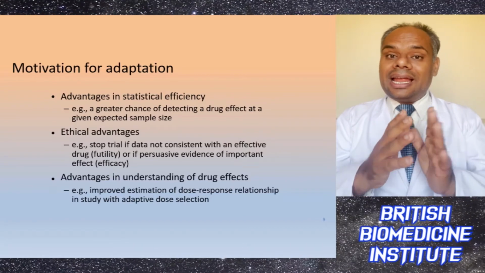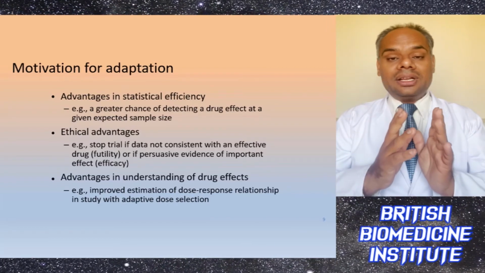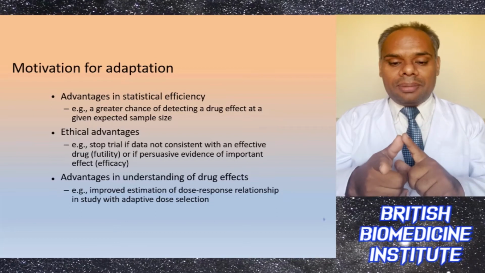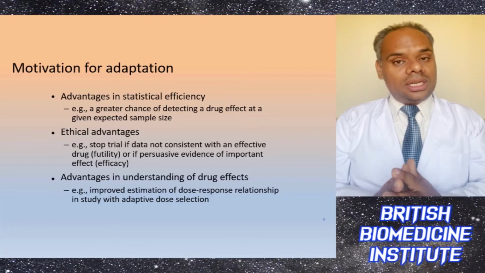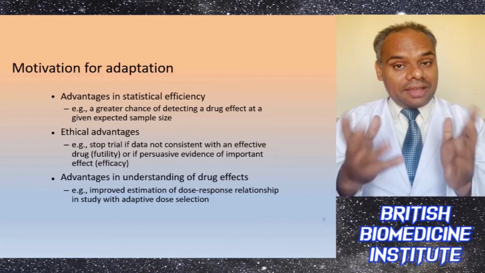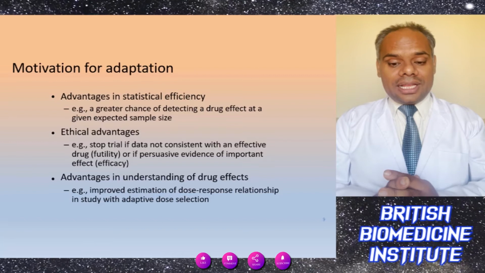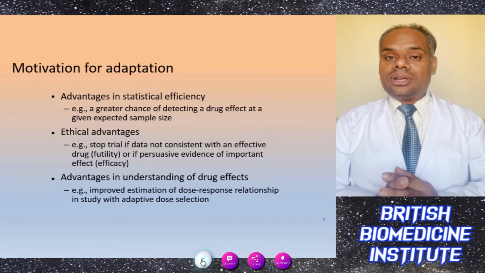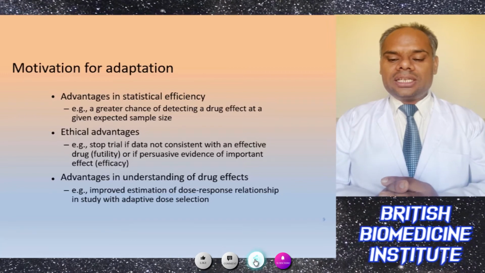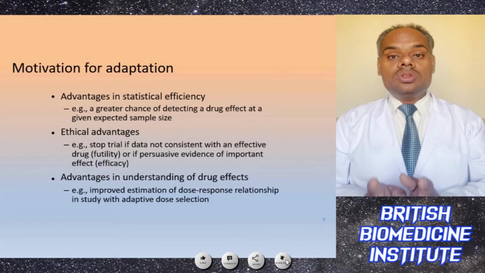There can be an ethical advantage also, like we can stop the trial if the data we are getting from the patients is inconsistent or unreliable, or it doesn't show evidence of an important effect, or we can say efficacy. It also shows an advantage for understanding the drug effect, like improved estimation of the drug response relationship in studies with adaptive dose selection.